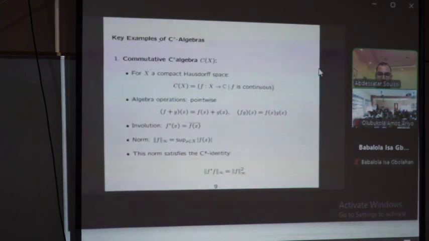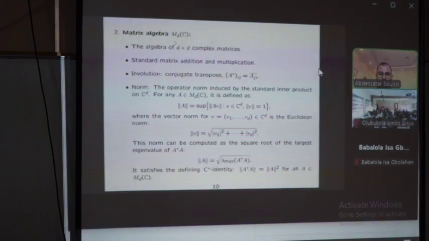Now, we define also the non-commutative case. The fundamental example of C-star algebra is given by the matrix algebra, I mean, D by D complex matrices, which define the structure of algebra over C. And then its involution is indeed the conjugate transpose of a matrix, which satisfies the conditions that define the involution.